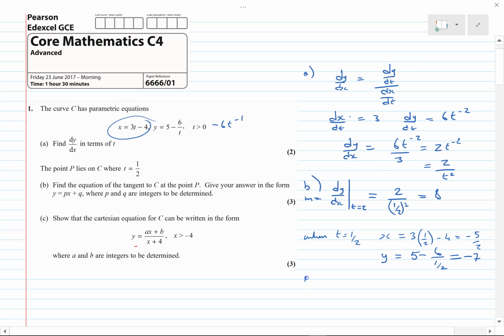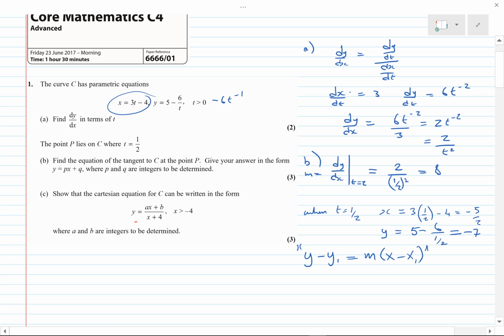So we're then going to use y minus y1 is equal to m times x minus x1. It's a tangent, not a normal, so we're not finding the negative of the reciprocal or anything like that. So we take care here because we know what we're doing: y minus y1, that's negative 7, so y plus 7 is equal to 8, because that's the gradient, times x take away minus 5 over 2, so that's plus 5 over 2.